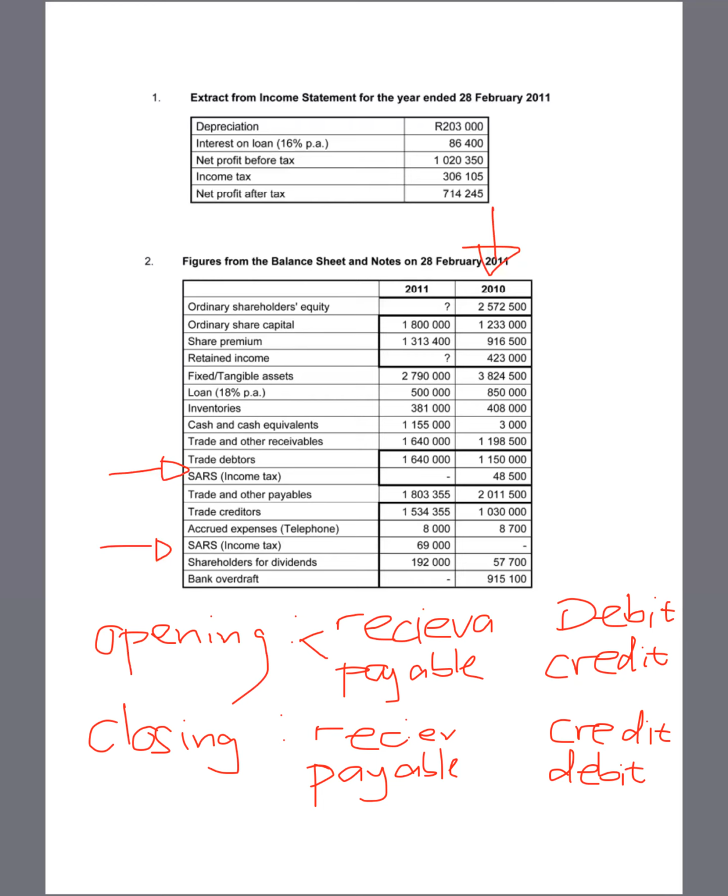Now, with that in mind, we're going to do a T account. I think you already know by the debits and credits, right? Yes. Now, just note that your bank is going to be on the debit side and your income tax is going to be on my credit side.